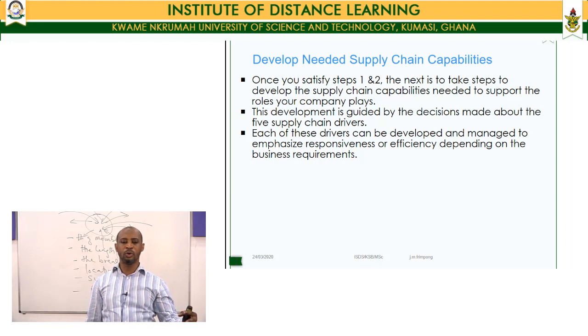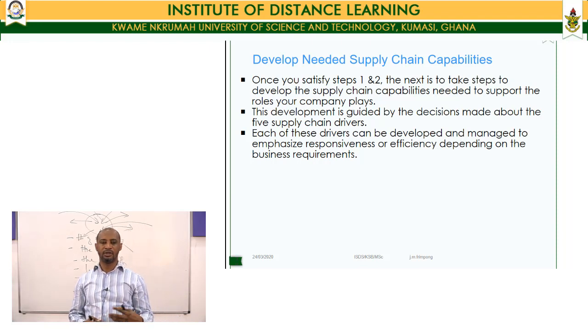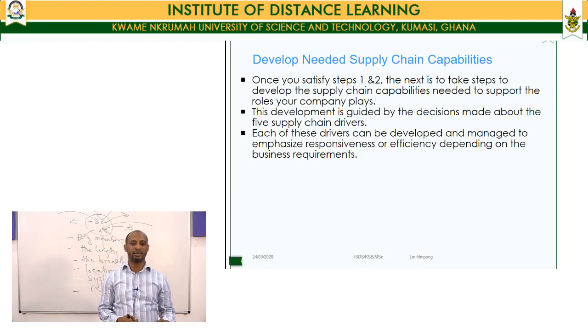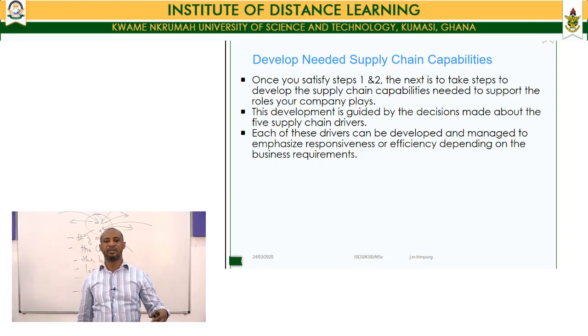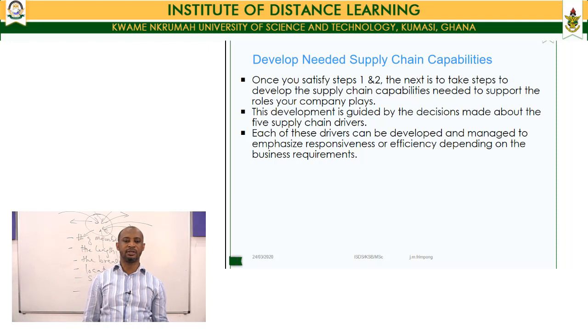And you can do so by looking at the 5 supply chain drivers. So you develop a guide by the decisions made about the 5 supply chain drivers. And each of these drivers can be developed and managed to emphasize responsiveness or efficiency depending on the business requirements.